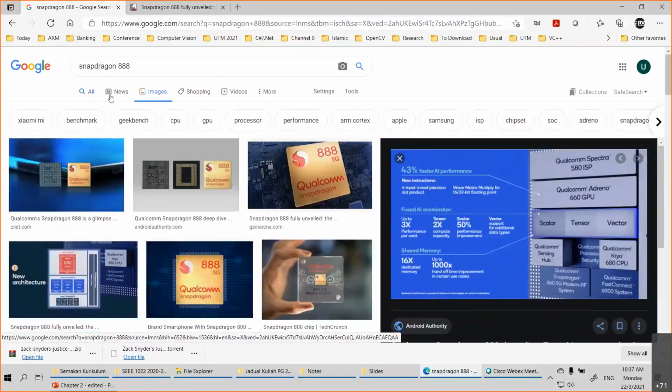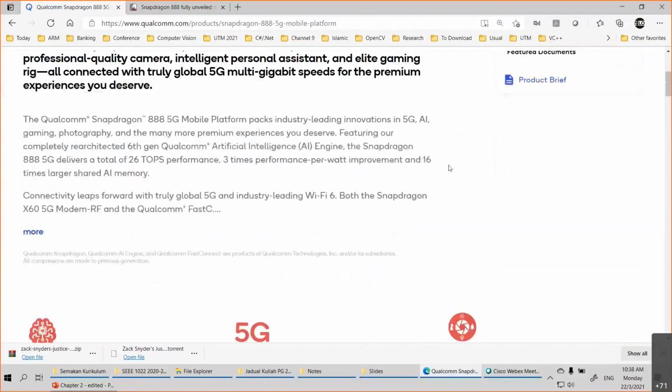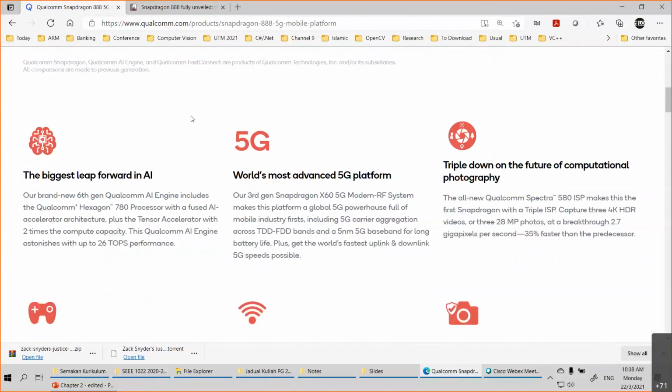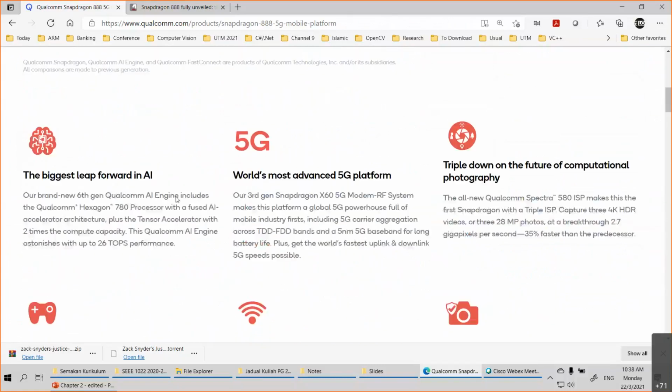Or maybe we can go for the spec. Okay, let's have a look at the specification. It says that inside this 888 5G SoC, you have a Hexagon processor, and the Hexagon processor contains an AI accelerator.